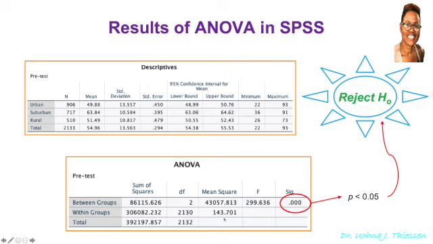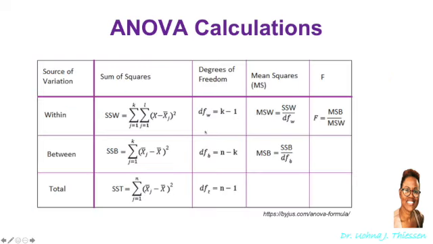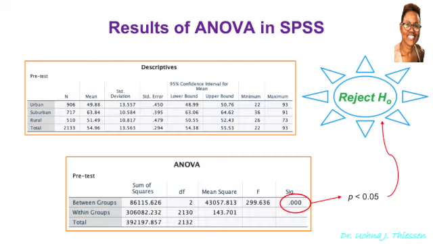If we look at the results of our ANOVA test, these are the sums of squares that I showed you how to calculate, and this is the result. For this particular variable, comparing the mean of the scores, the F statistic is 299.636, and that has a probability of 0.000.